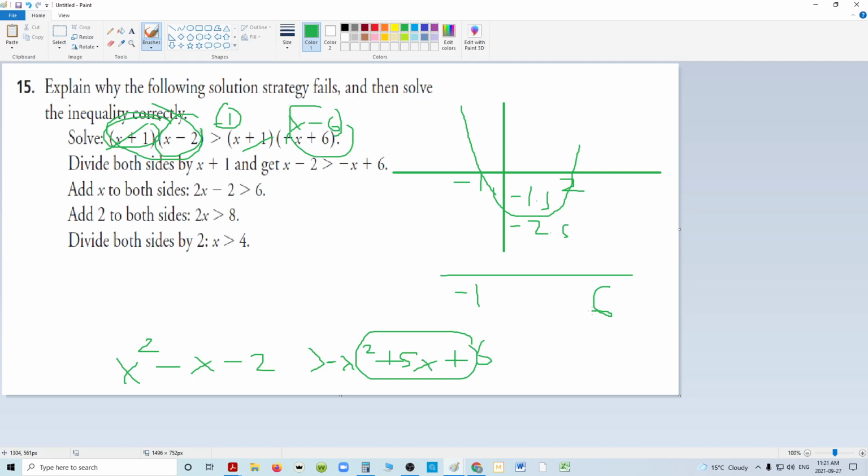Am I doing that right? And it's downward facing. Well, at minus 1 and 6, the in-between point for those is something like 2.5.